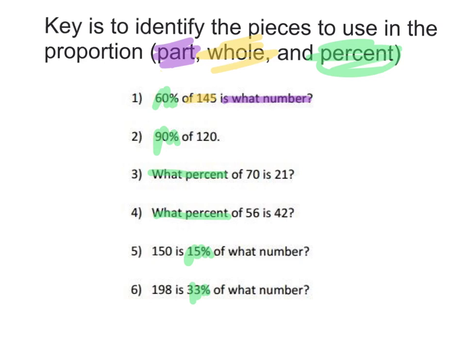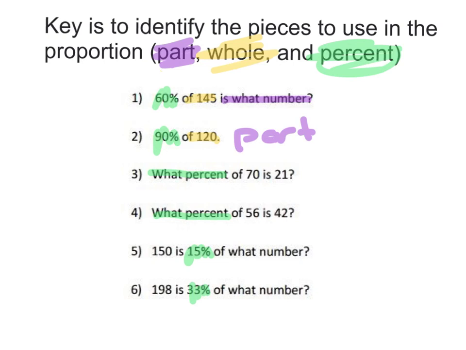So my whole is this 120, and I'm going to write in that I'm looking for the part. On number 3, we already identified the percent on all of these, so now we just look at that. Of 70 is 21. Of 70 is 21.